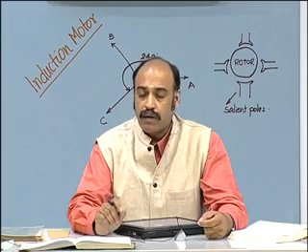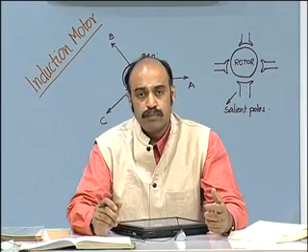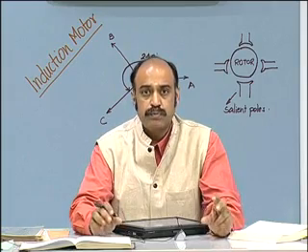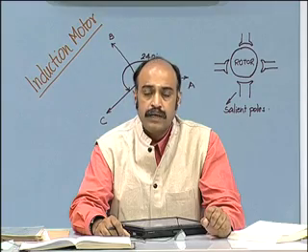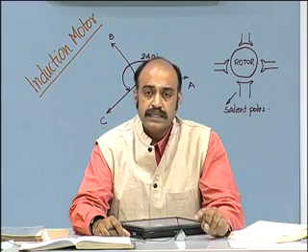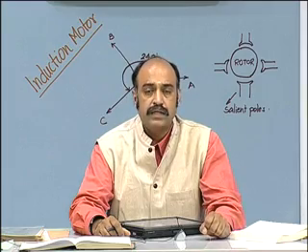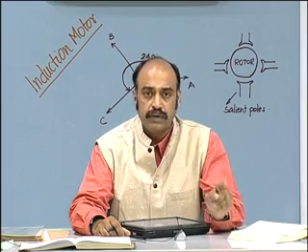Then we also saw one interesting phenomenon: if we had just two poles per phase, or one pole pair per phase, then for every cycle of the currents applied in the coil, there is one cycle of rotation or one revolution.